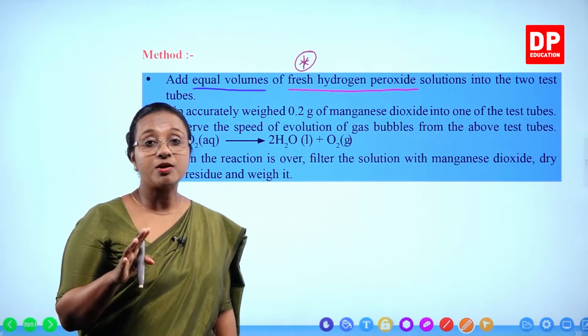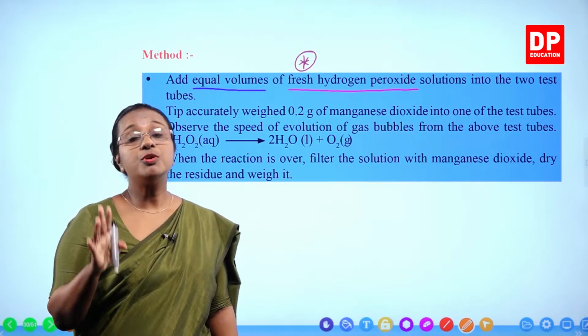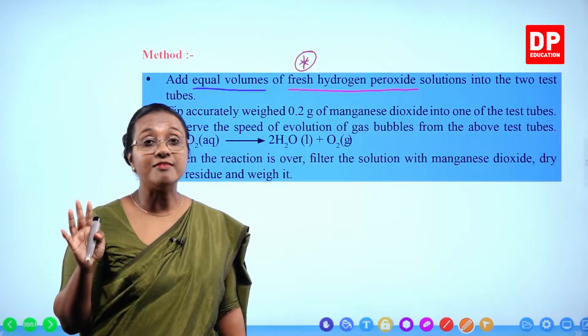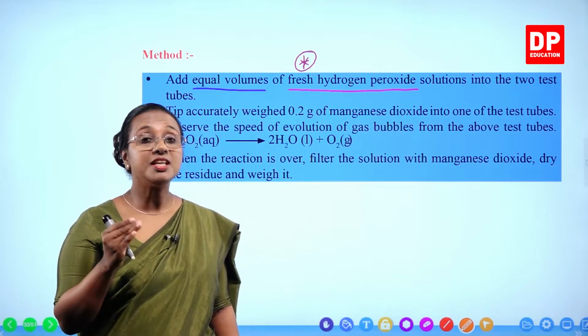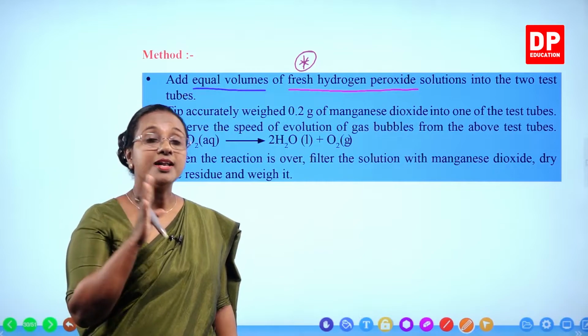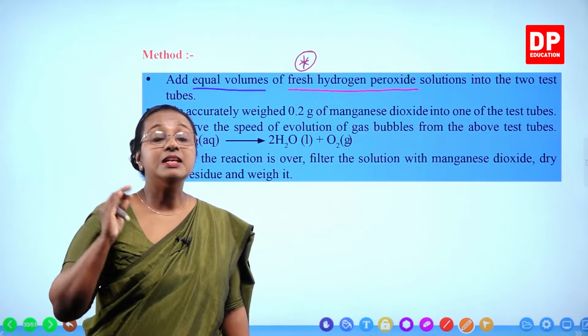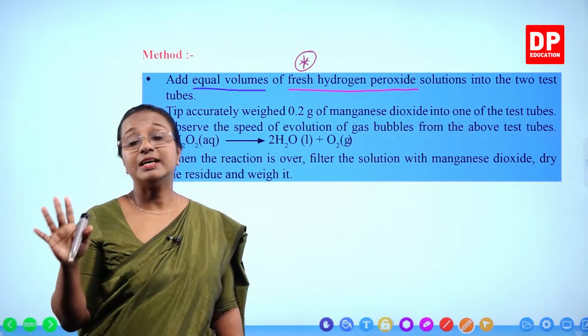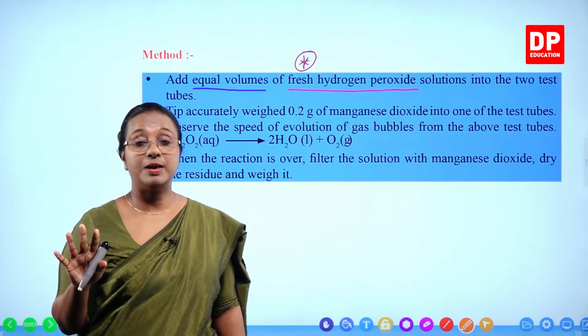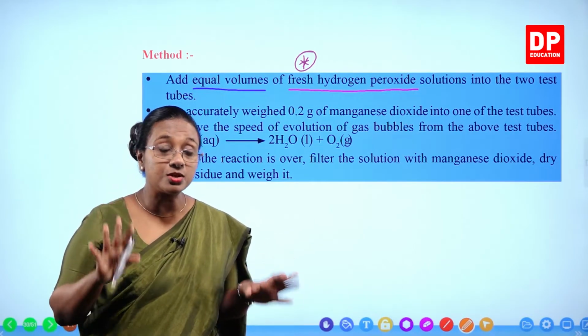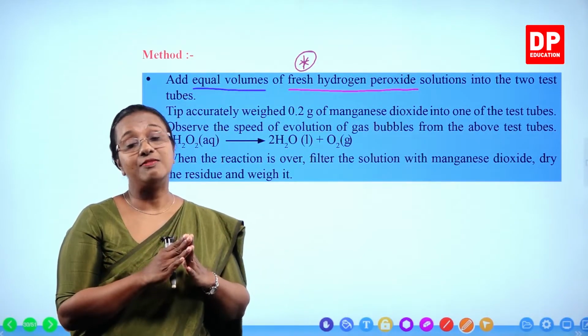Now, even if you don't provide heat or if you don't have a catalyst, the reaction takes place slowly. Hydrogen peroxide can be decomposed into water and oxygen even at room temperature. The reaction is very slow, but still that will happen.